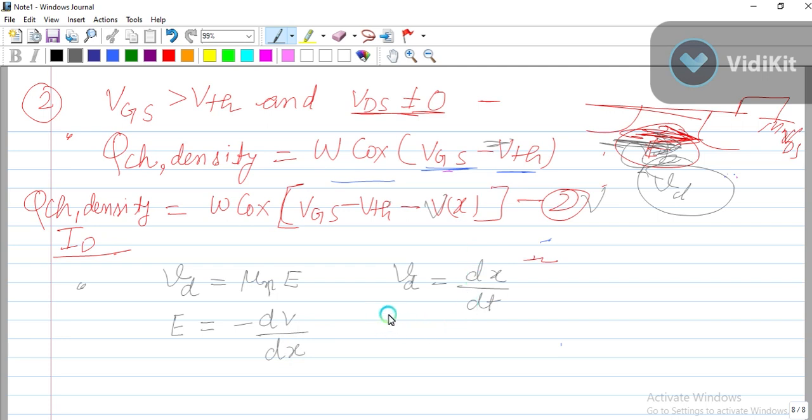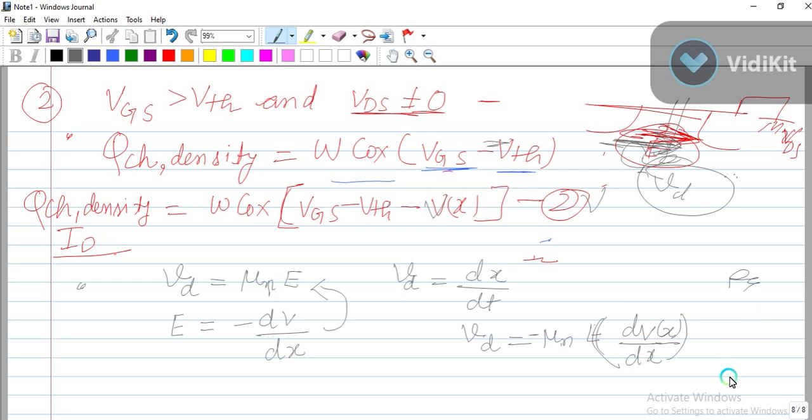Now, what can we do? Let's put this equation there. So Vd will become equal to mu n E, and E is minus dV by dx. And what voltage were we considering at this dx point? Vx, right? So we can say like this.